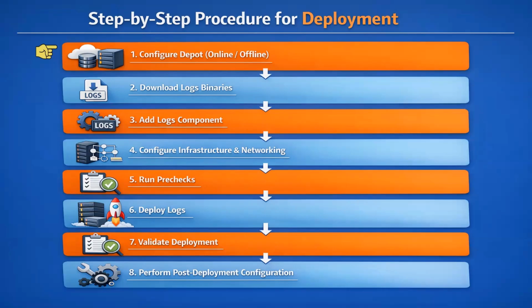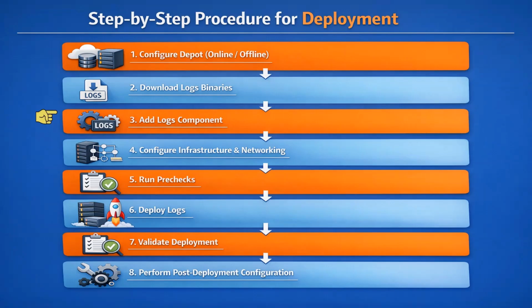I'll show you what offline depot options are available for saving this VCF operations logs binary. So once you configure the offline depot, then download that logs binary to the fleet management. Once that is done, you can start deployment.